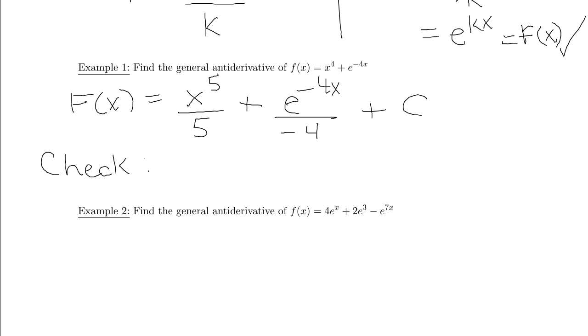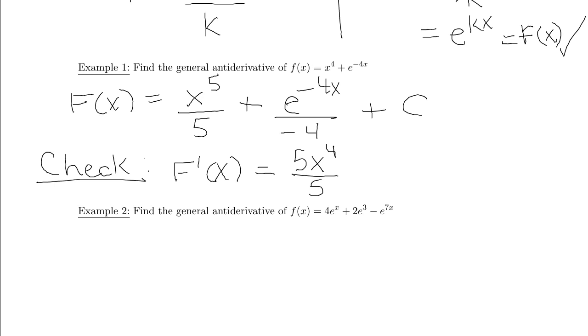So let's check our answer, which again, I think you should always check your answer when you're first starting with antiderivatives. So capital F prime of x, if we take the derivative of this function that we just wrote down, well, x to the power of 5 over 5, its derivative is going to be 5x to the power of 4, and it's over that 5, because remember, that 5 in the denominator is just a constant. So that's why I'm not using the quotient rule or anything.